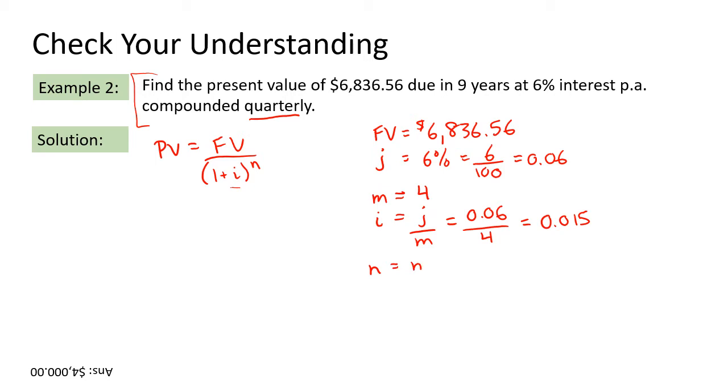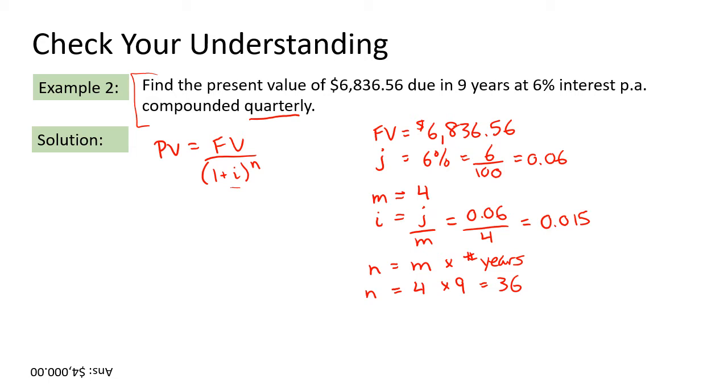So that's equal to our number of compounding periods per year, which is the term m, multiplied by the number of years for this loan, okay? Or I guess this is an investment. So if you substitute those values in, we know that the number of compounding periods is 4 per year, and we know that it's due in 9 years. So what that means is our total number of compounding periods is 36.